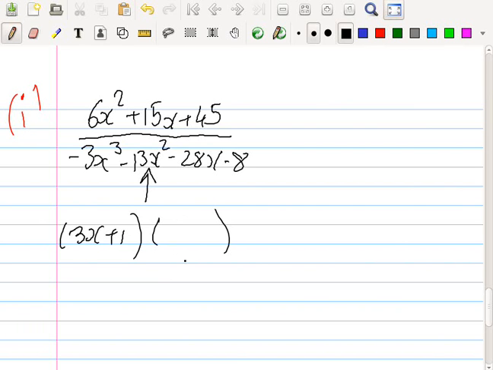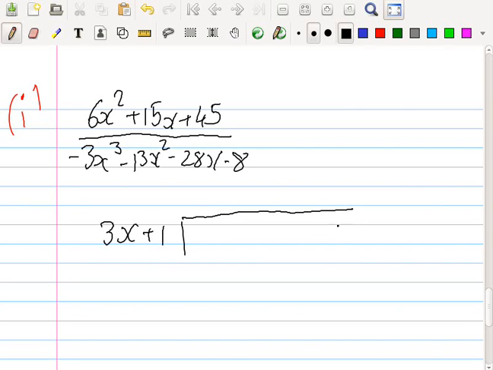Will this quadratic have factors? No, because this has only one solution. So this is a situation where you have one solution and then a quadratic with no solutions. How can we find that other solution? Well, bad news is the only way to find it is long division. But I don't think it will take us too long to do. We should all be experts at this now.